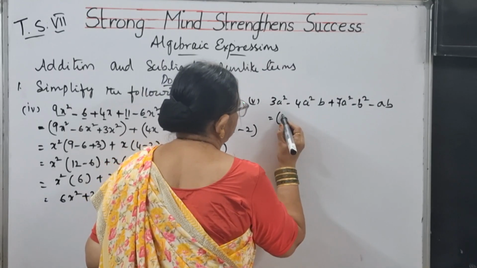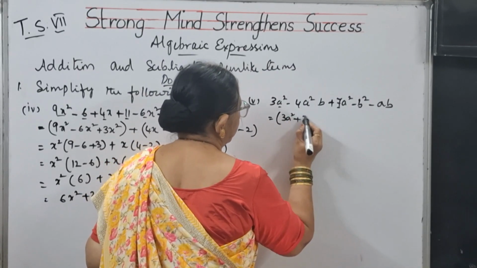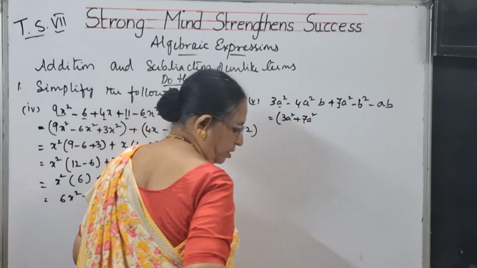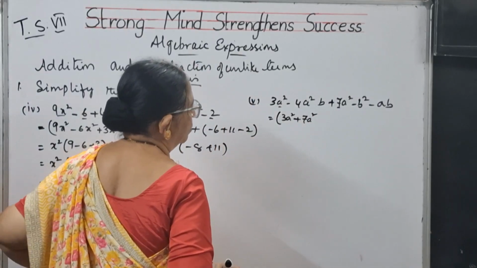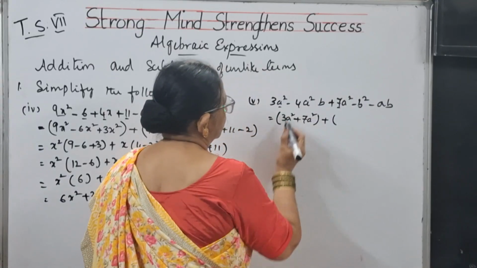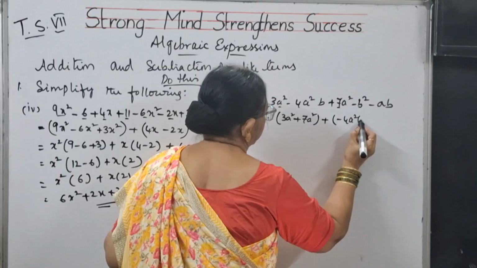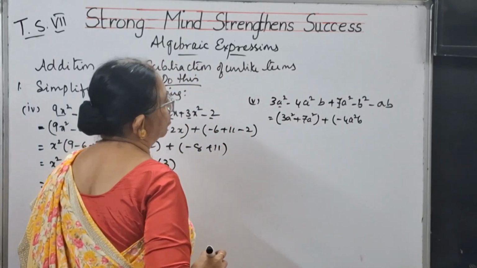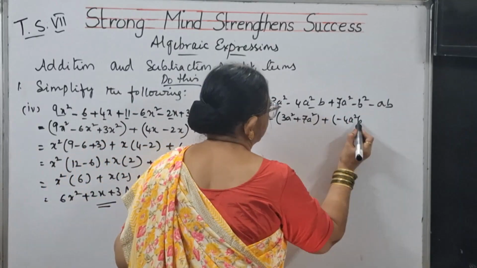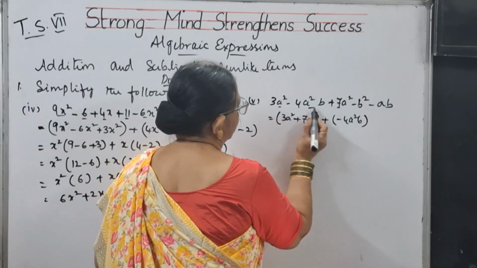First I'll write 3a square, again any a square? Plus 7a square. Okay, that's all. No more a square. Again plus. Next, minus 4a square b. Is there any other a square b? Nowhere. So this I have completed. I should close the bracket. So I have done this.